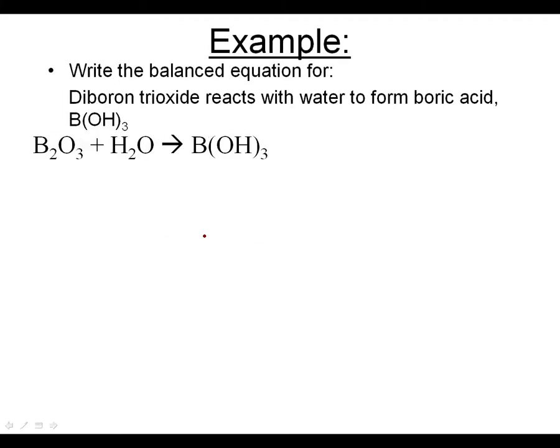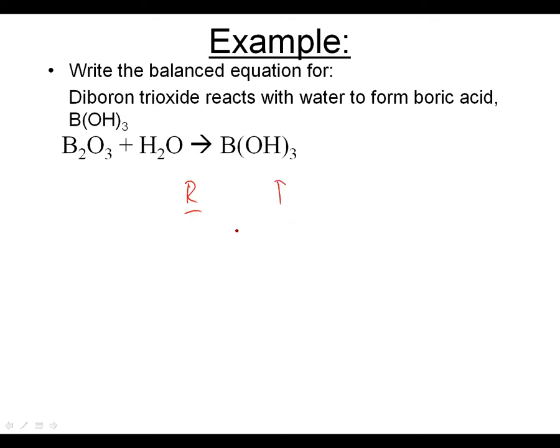So looking at this one here, again, if we had it in words, we want to translate it into correct formulas. In this case, we have our reactants and our products, with boron, oxygen, and hydrogen. On the left-hand side, we have 2. Right-hand side, we have 1 boron.